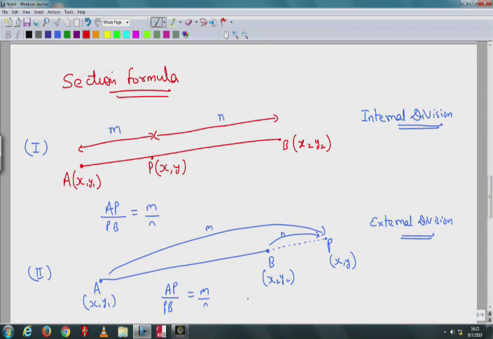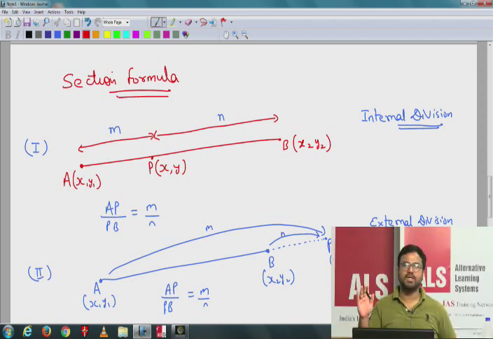External division means the point P is still on the same line, but it is not between A and B; it is on the outskirts of A and B, away from them. In both cases, all three points A, P, B should be collinear, but in the first case point P lies in between AB, and in the second case point P lies outside AB. When it lies outside AB, that is known as external division.